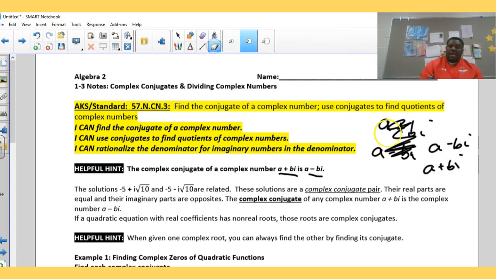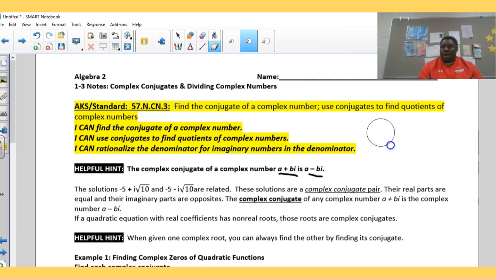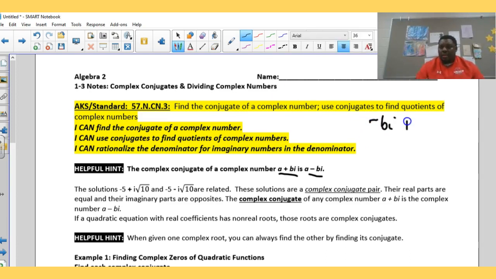Sometimes, guys, you'll get caught up and it won't be written in standard form. It'll look like this, let's say negative bi plus a, and it says find the complex conjugate. Well, look, this isn't in standard form. So write it in standard form, a minus bi.